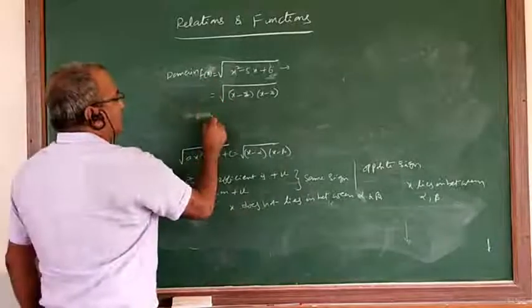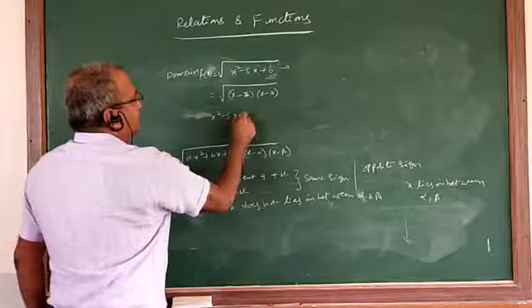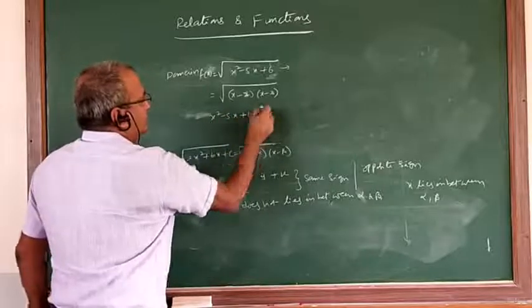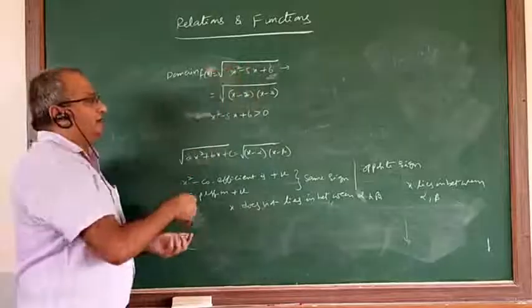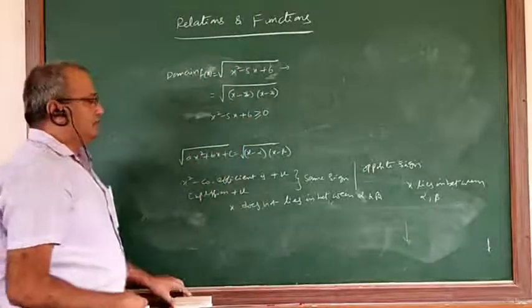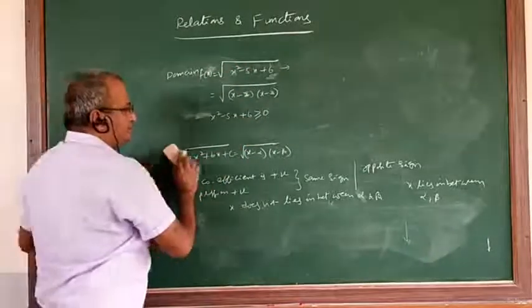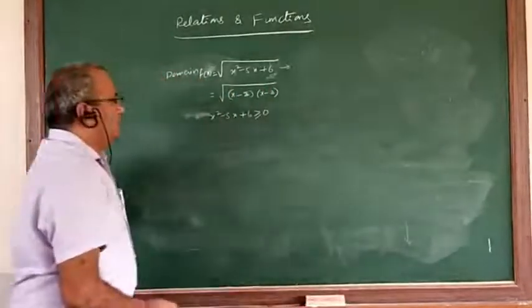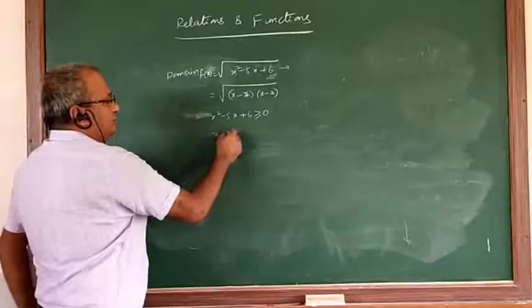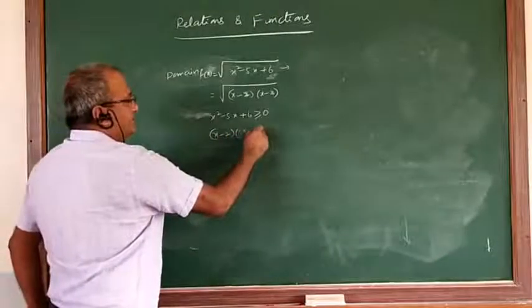Now, under root, x square minus 5x plus 6 should be greater than or equal to 0. This function will be defined when it is greater than or equal to 0. This can be written as x minus 2 into x minus 3.